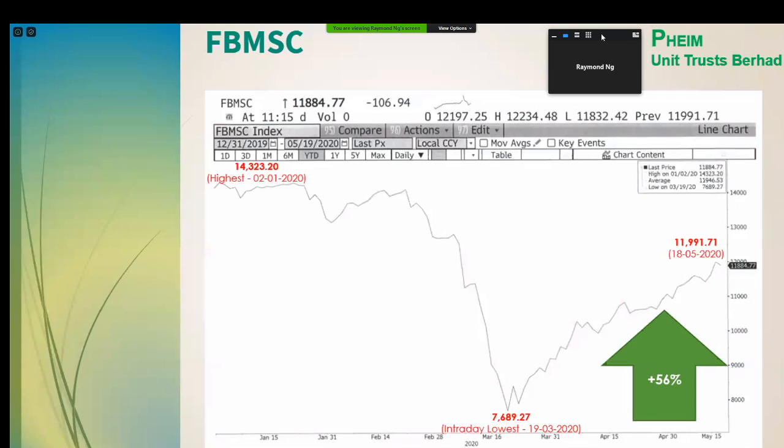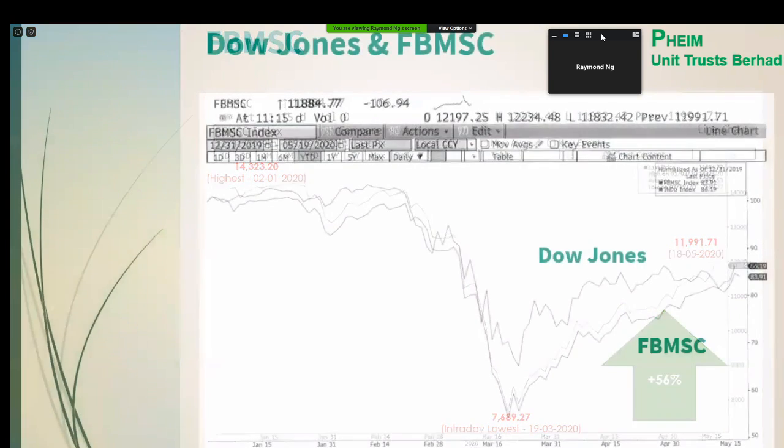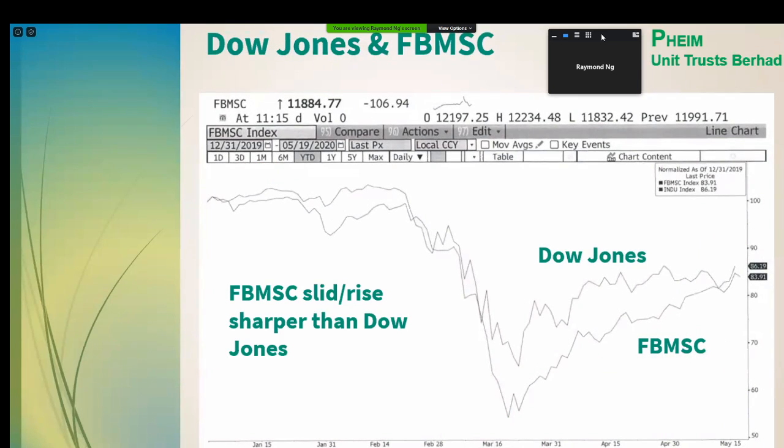From 18 May 2020 to the highest point, it is also approximately 60%, so it's quite similar to Dow Jones. This is a comparison between Dow Jones and our small cap performance. As you can see, our small cap fell sharper and rose sharper compared to Dow Jones as well. So this is the direct comparison that we had for Dow Jones.